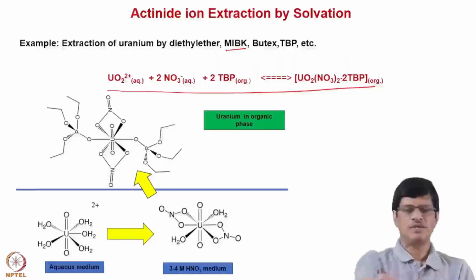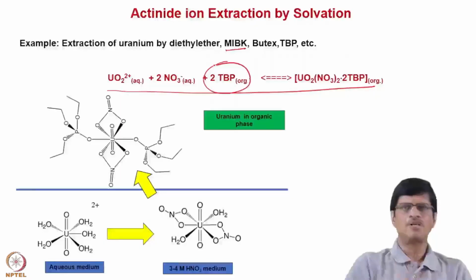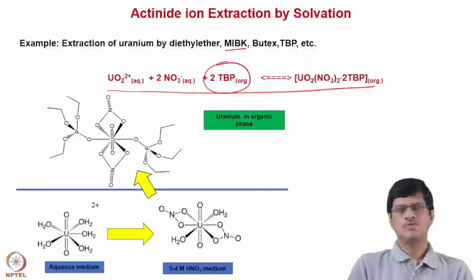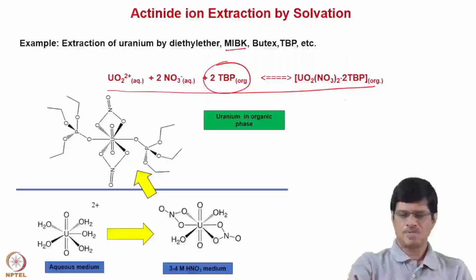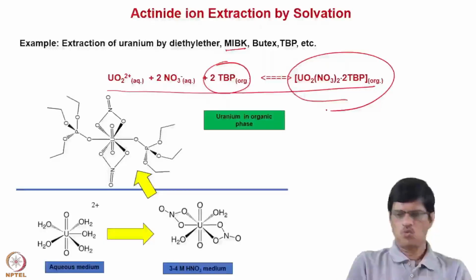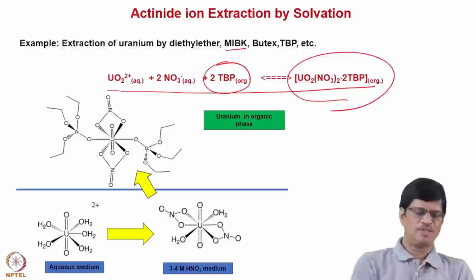That is why you need 2 TBP also from the organic phase, which comes to the aqueous phase. So in such a case, what happens? The TBP is partitioned into the aqueous phase, forms a complex with the UO2 2+ and 2 nitrate species, and finally you get this complex species, which is UO2(NO3)2·2TBP, which is stable in the organic phase.